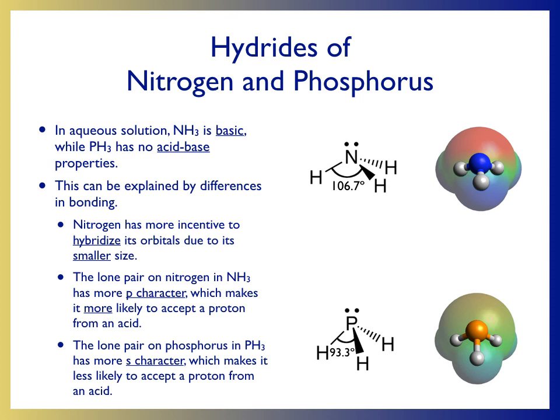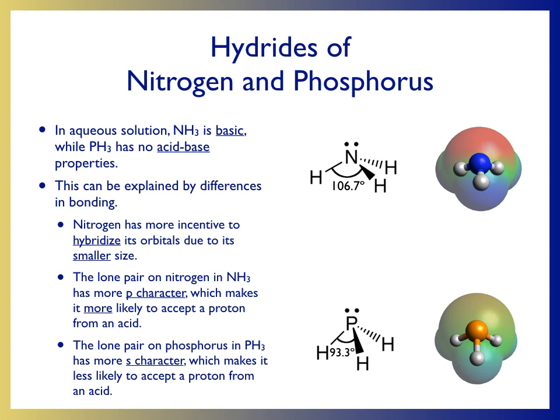This means that the lone pair in nitrogen is sitting in an orbital that has a lot of p character. What does that mean? P orbitals hold their electrons further away from the nucleus of the atom. This means that the lone pair on nitrogen is further away from the nucleus and is therefore more reactive. It is more likely to take protons from other atoms as a Bronsted-Lowry base.